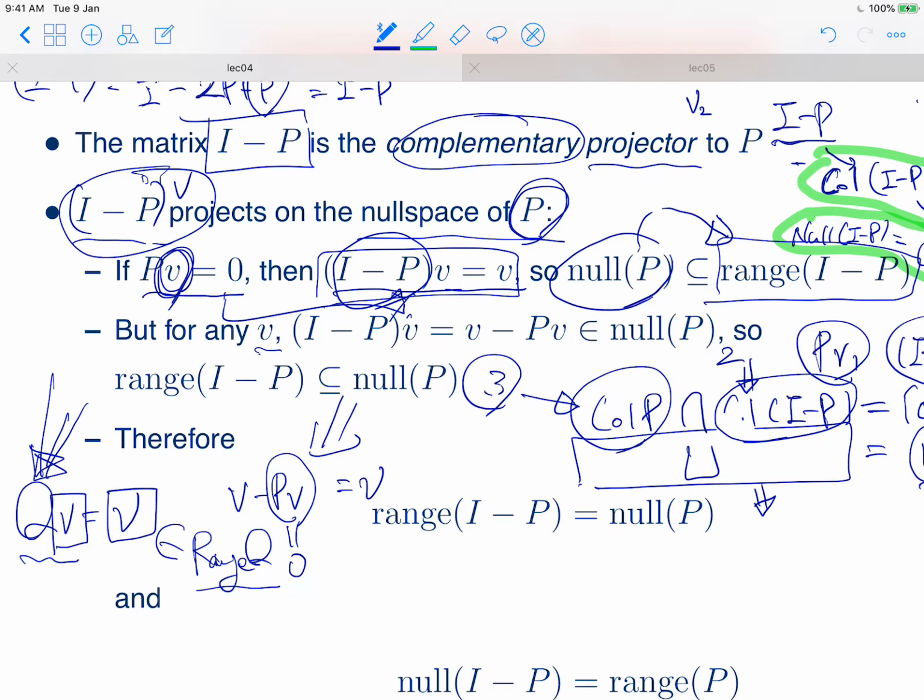So for any V, let's consider this I minus P times V, which is the projection through I minus P. And then if it is belonging to this null space, which means that we chose a vector from the range of I minus P, and then we assume that it belongs to the null space of P.